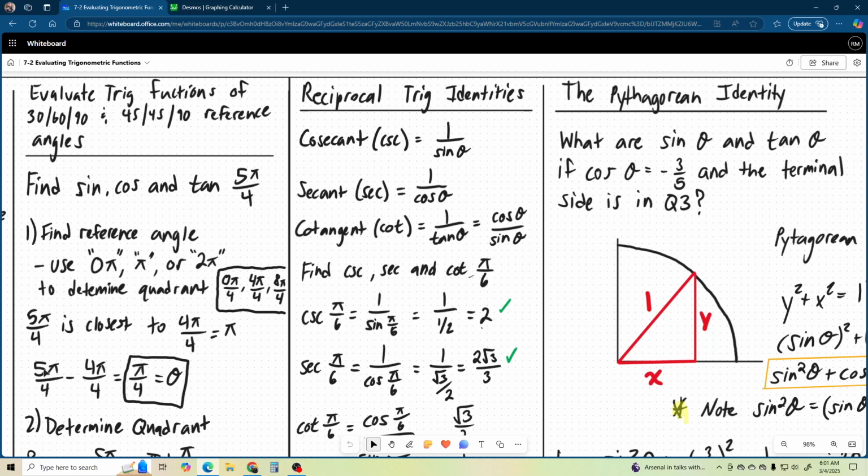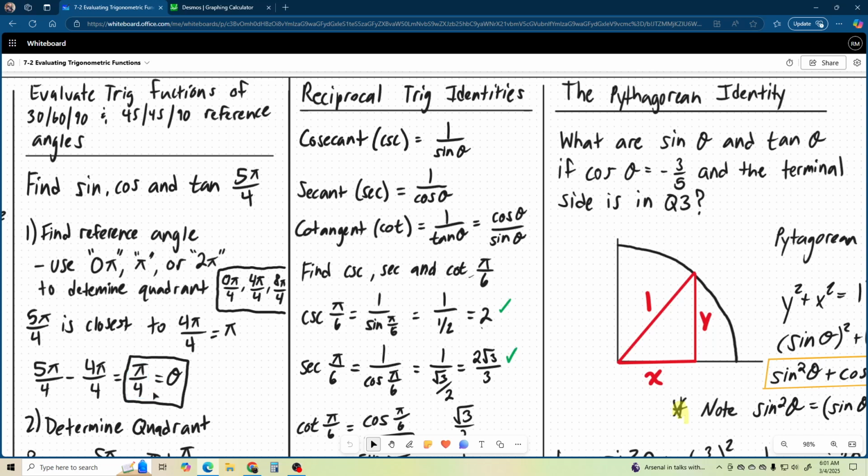And in this case, it's 5 pi over 4 minus 4 pi over 4. That gives us our reference angle, because remember, it's our angle minus or plus the reference axis. In this case, this one was bigger, so we subtracted, and it gives us pi over 4.